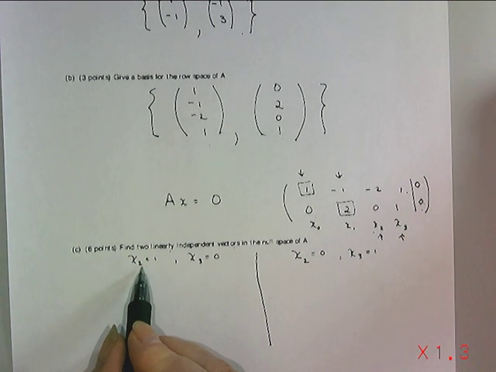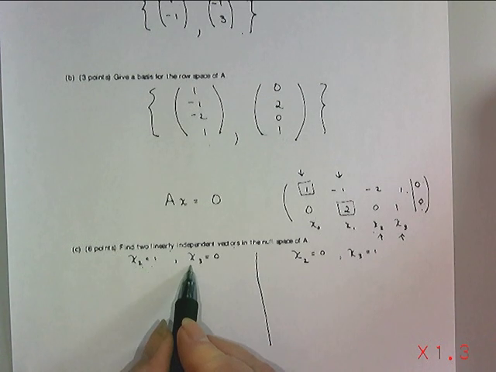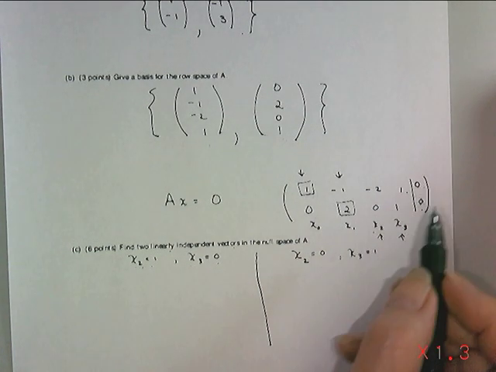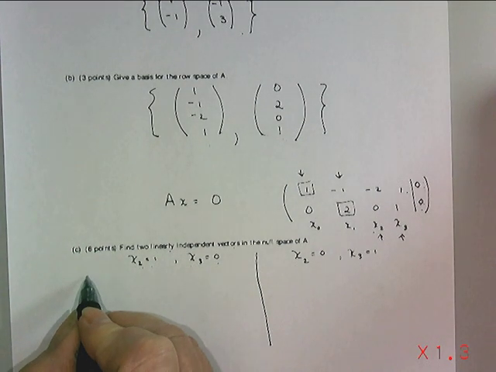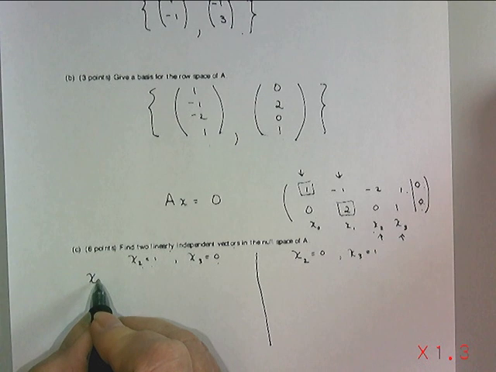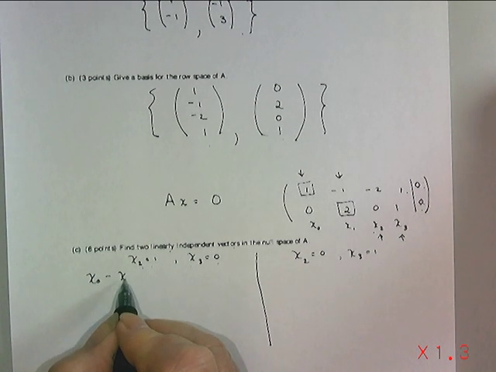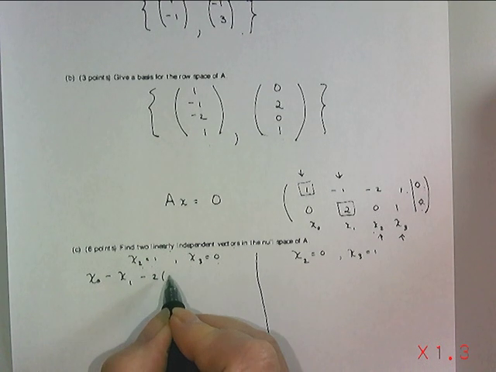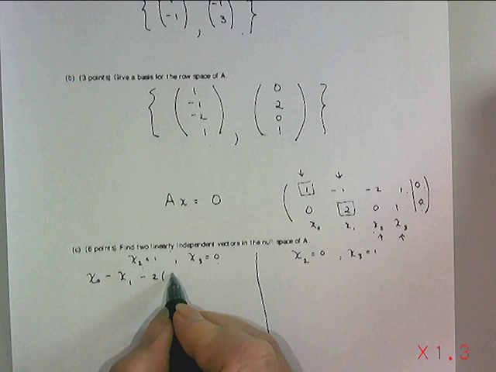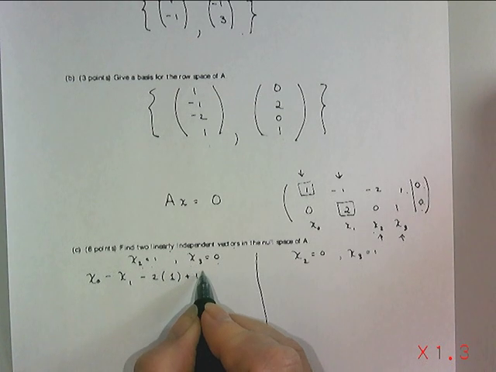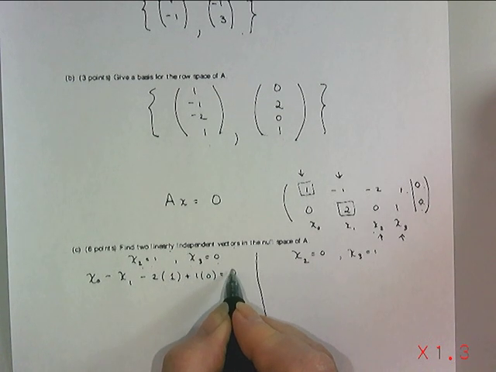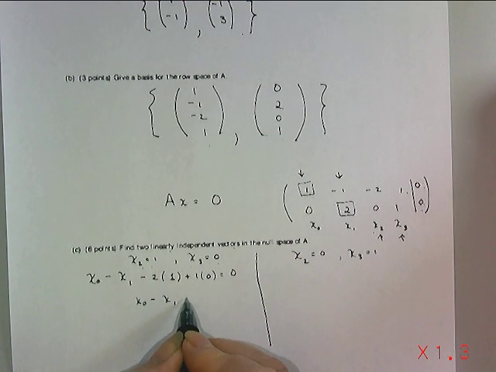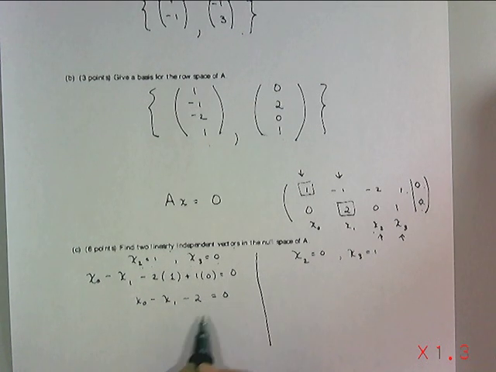Now what do I end up with here? If chi2 is equal to 1 and chi3 equals 0, this first row describes the equation chi0 minus chi1 minus 2 times 1 plus 1 times 0 is equal to 0, which means that we have the equation chi0 minus chi1 minus 2 is equal to 0.